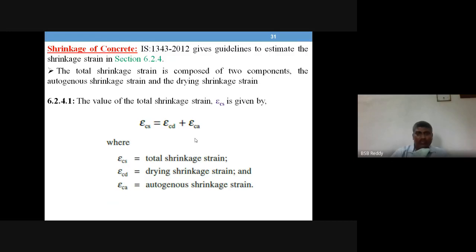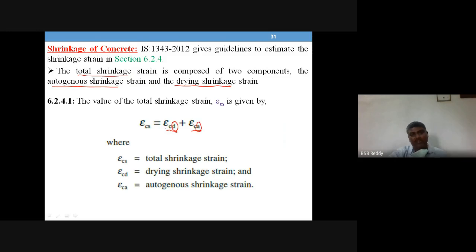Okay. So, how to estimate total shrinkage. There are two types of shrinkage, as I told you. Total shrinkage is a combination of autogenous shrinkage, which is because of the chemical reaction, and drying shrinkage, because of the evaporation of water from voids. D refers to drying, A refers to autogenous.